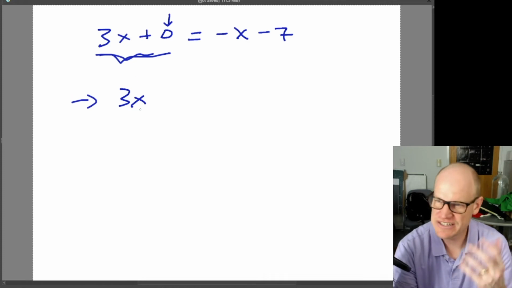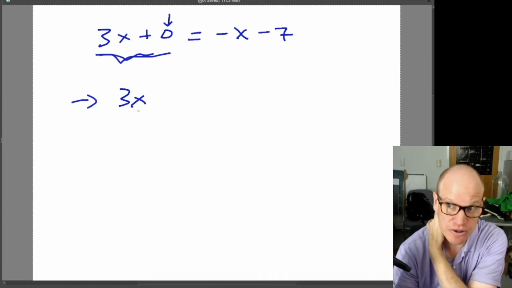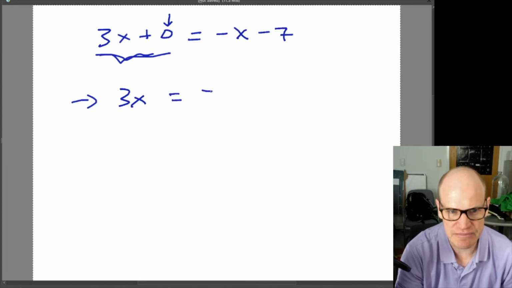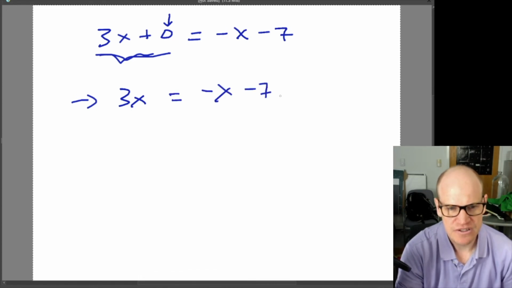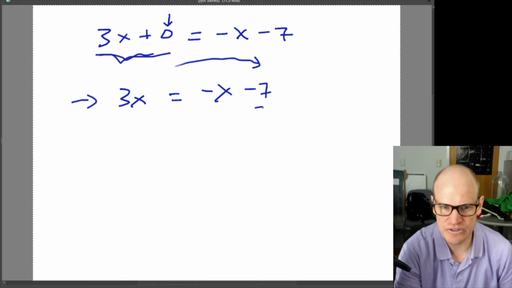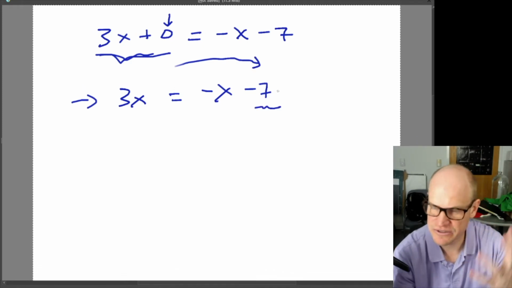It also assumes that this 3x is part of that number system because it's a closed binary operation. Okay, so now I have -x - 7. All of the constants are removed from this side and moved over to the other side, and I have an equivalent number over here because I know how addition works.